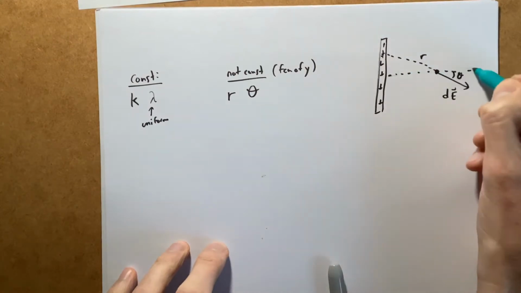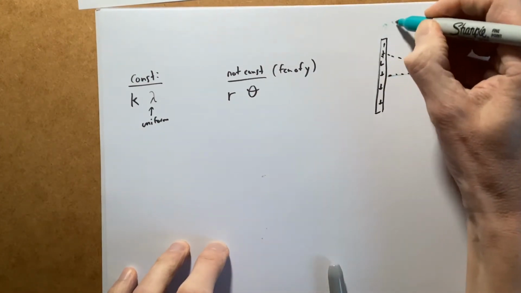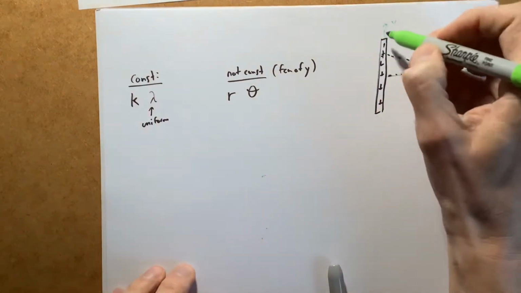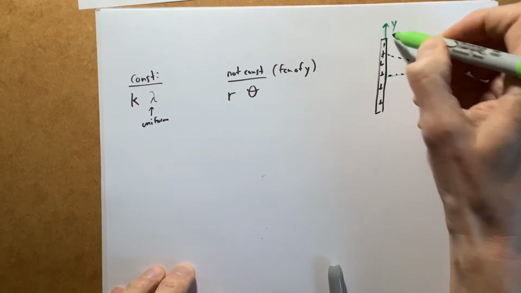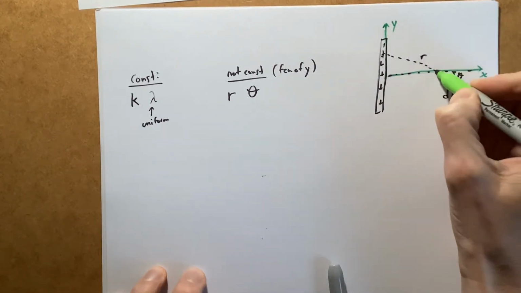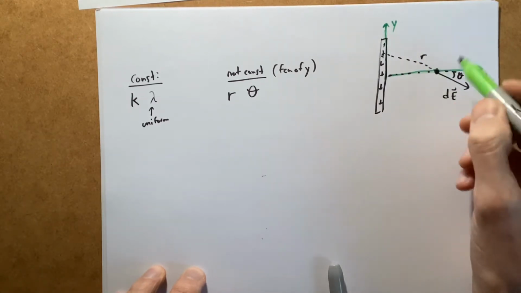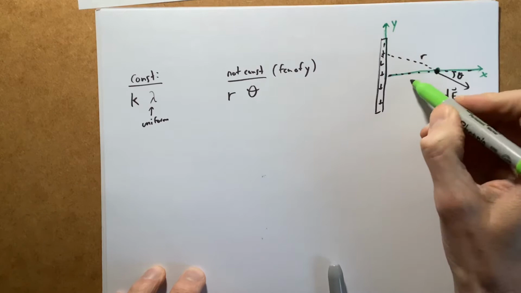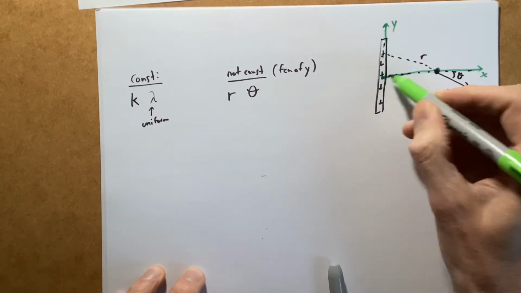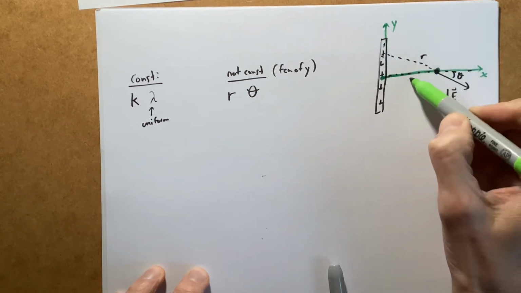This is my x-axis and my y-axis. That's getting a little bit faint, so let's try to reinforce that. Y, x, okay? So I want you to notice that since I put the origin here, the distance from this line of charge to the point in question is just the x coordinate.